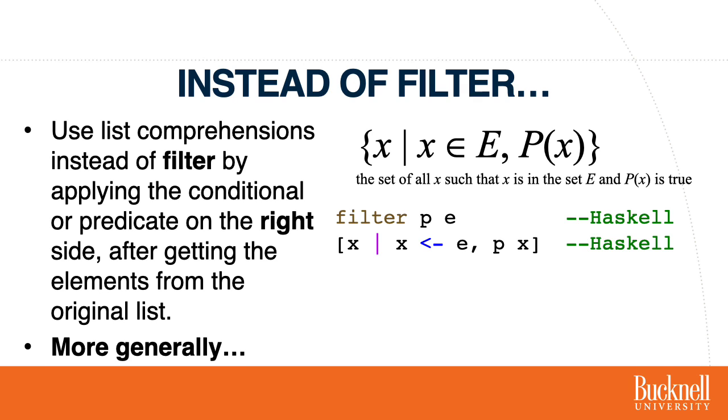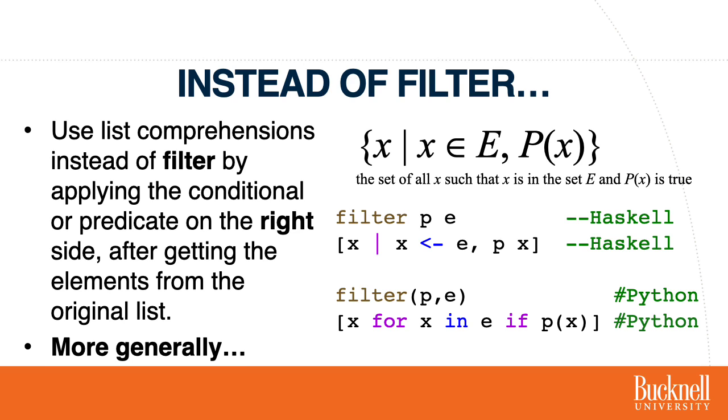List comprehension is specifying essentially two conditions that x must satisfy. x must be an element of E, and x must be something where p of x is true. We can also do the same in Python. We can do filter p E, or we can do x for x in E if p of x.